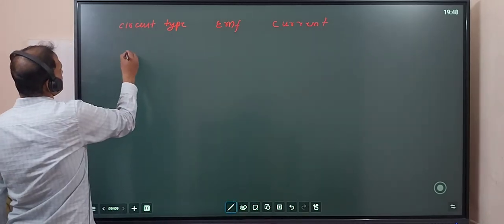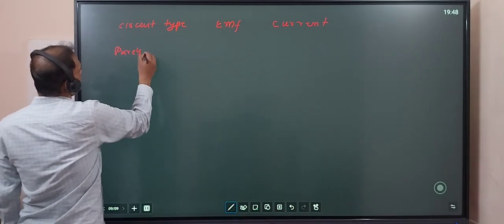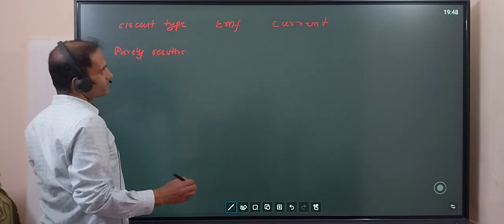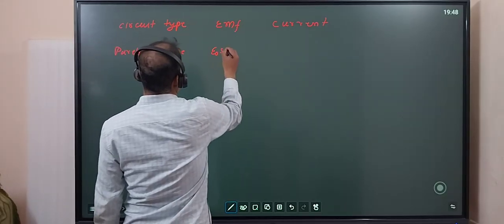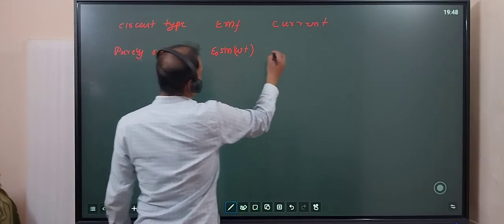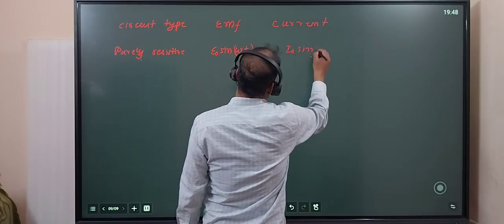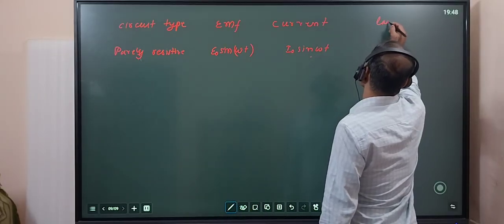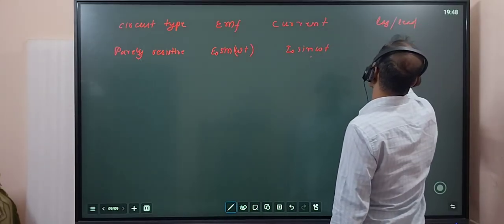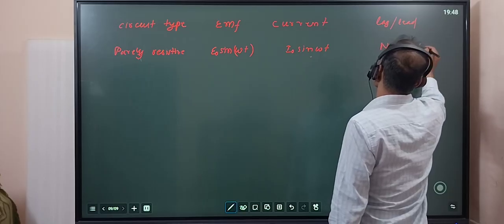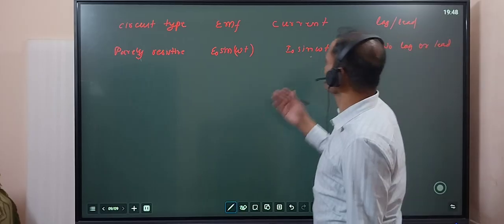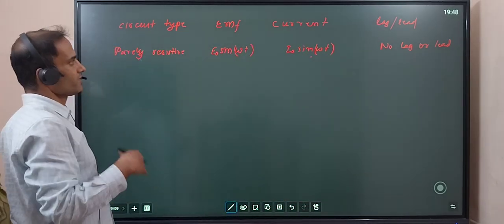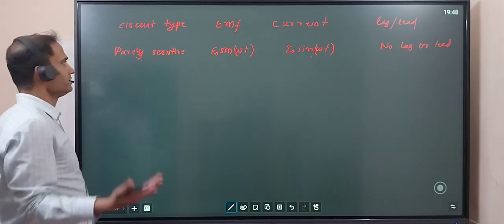Circuit type means purely resistive, okay? EMF we take as E naught sine omega t. Current came to be I naught sine omega t, okay? Lag or lead: no lag or lead. Here EMF and current are in the same phase, okay.